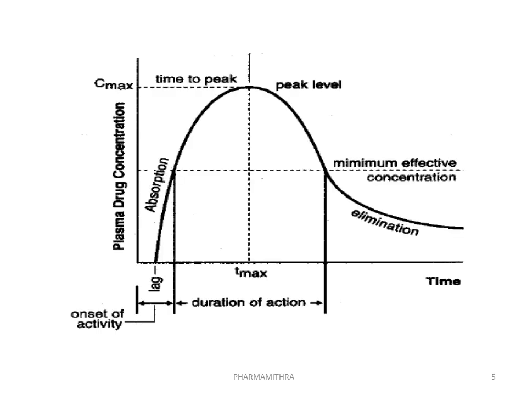Next, we are going through the plasma drug concentration time profile. This is a typical plasma concentration time profile showing the pharmacokinetic and pharmacodynamic parameters after oral administration of a drug. Here we are just discussing the important terms we are dealing with.